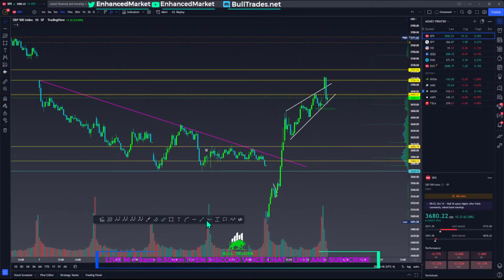This can totally move back up and then reject up here. Whoops, clicked the wrong one. All right, this could totally go back up to here.